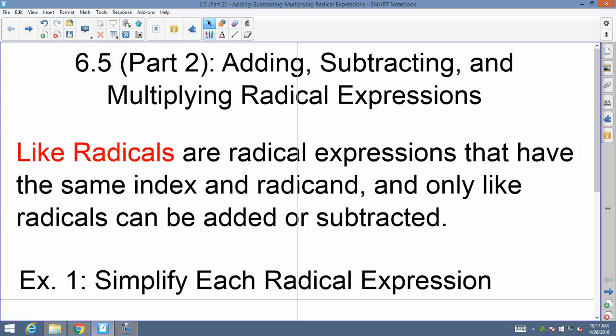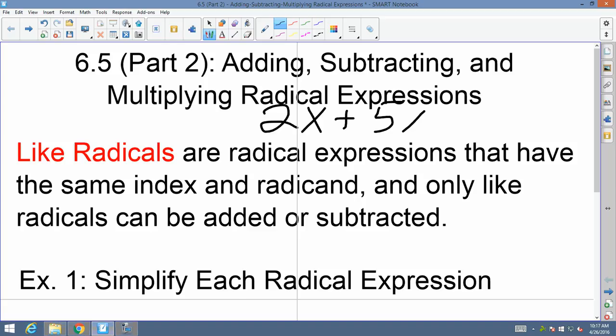If you remember, if I go 2x plus 5x, that will equal 7x. Remember that? Same thing with radicals, okay? If they have the same index and the same radicand, then they can be added or subtracted.